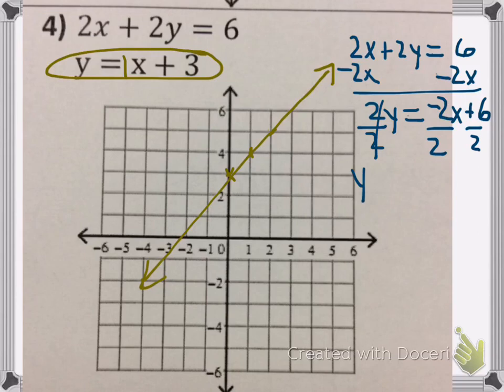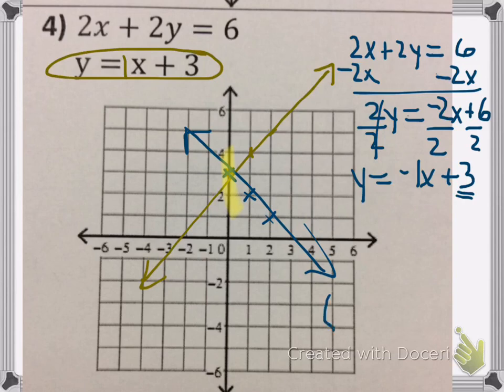It cancels on this side to y. I have a negative 1x here and a plus 3 there. So this is my y-intercept. I'm starting up at 3, which is right there. I go down 1, right 1 to get my graph. And that point of intersection is actually my solution. So my solution is the ordered pair 0, 3.